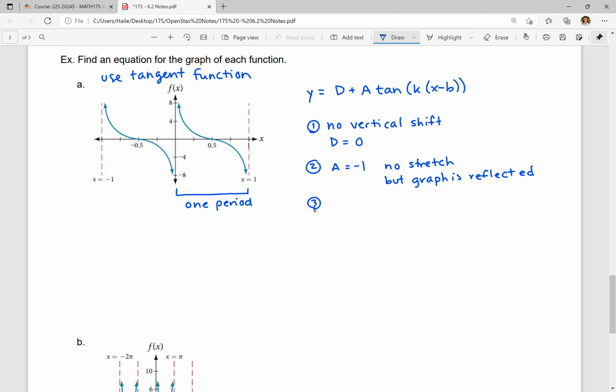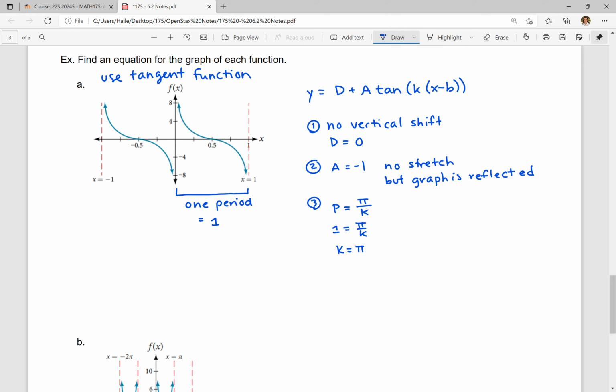And it has length 1 because we're going from the y-axis out to the line x equals 1. So for tangent, our period, though, is equal to pi divided by k. So if our period is 1, and we're setting that equal to pi over k, well that means that k is just pi. So we figured out a value for k.